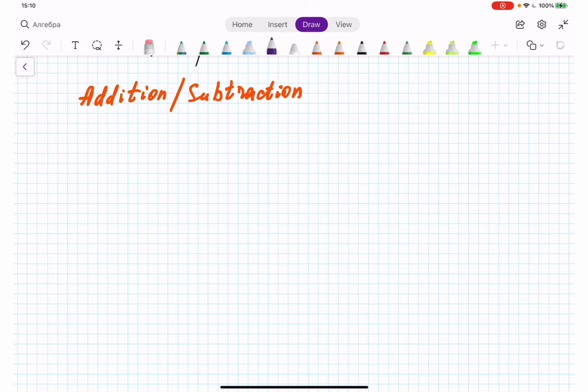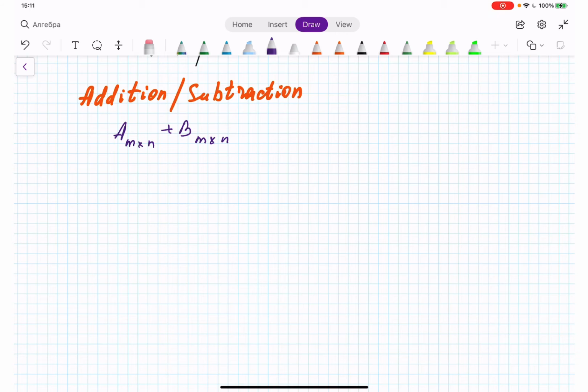If I need to add matrix A that has size m times n, then the matrix B that I'm adding to A has to be the same size. Okay? Let me write it down.